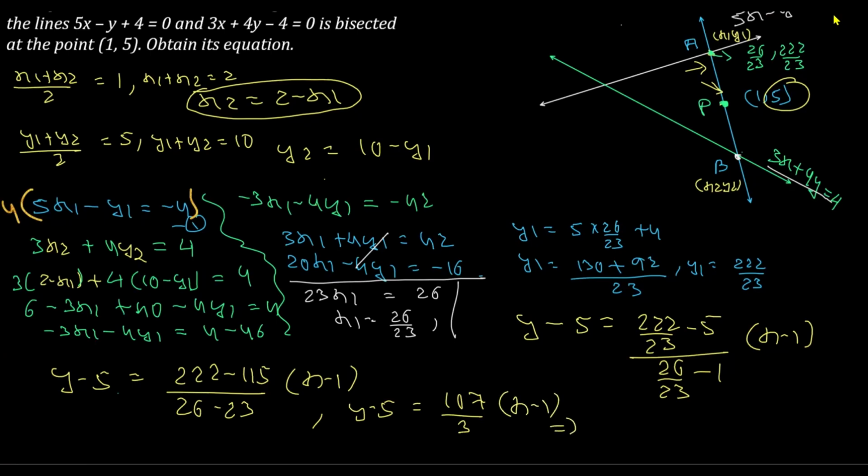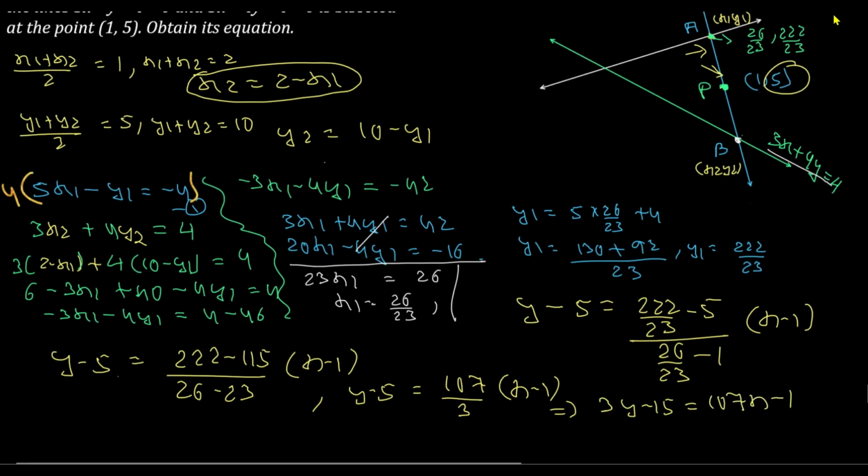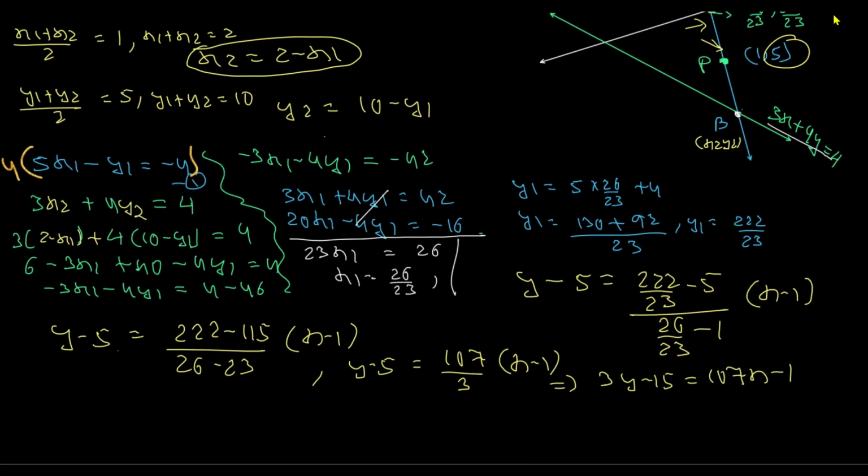So now you'll get the final answer by transposing 3 to the other side. So this is 3y minus 15 is equal to 107 times x minus 1. Keeping like terms in the standard form, this is 107 times x, transposing 3y to the right hand side as well as 15 on the right hand side.